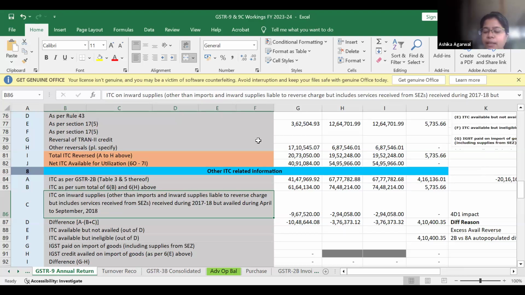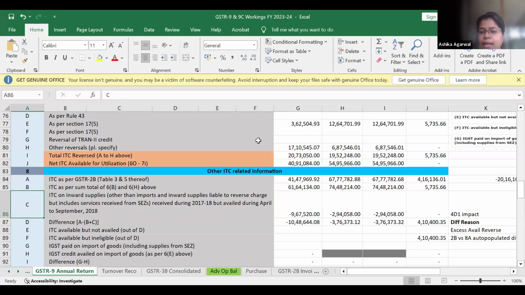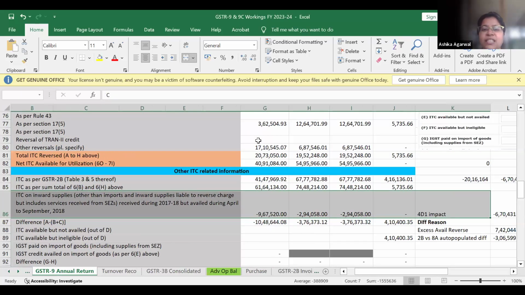Now, another thing to keep in mind: as per me, 8C has no value. It is indefinite. The reason being, if a person is following 2B, whatever is shown in 2B, they would have claimed in 3B, though they might have parked it in 4B2 as a temporary reversal. But I have already claimed, that is reclaimed.